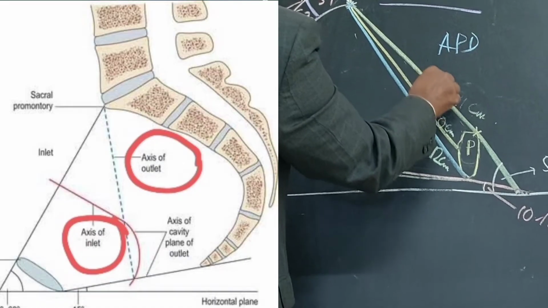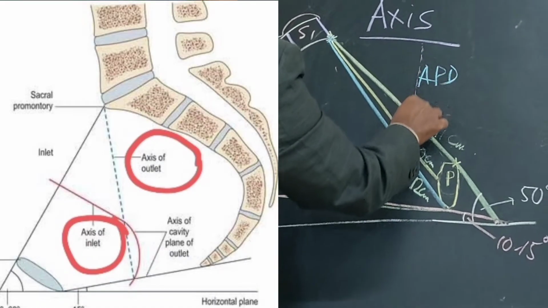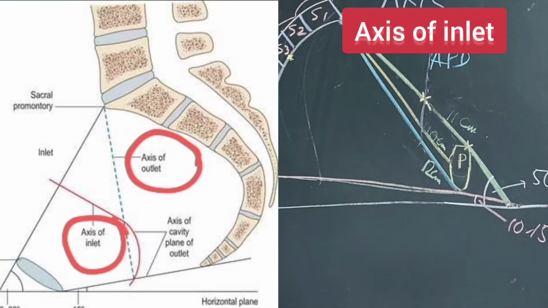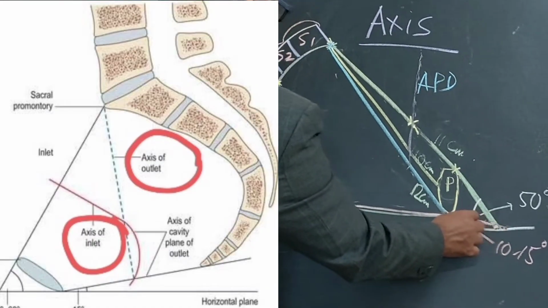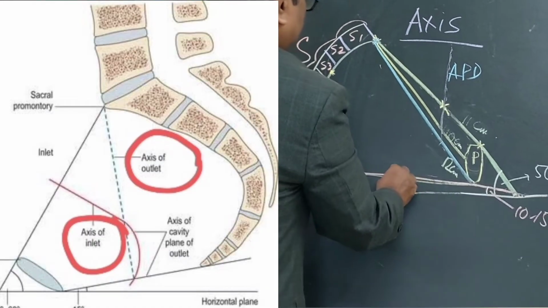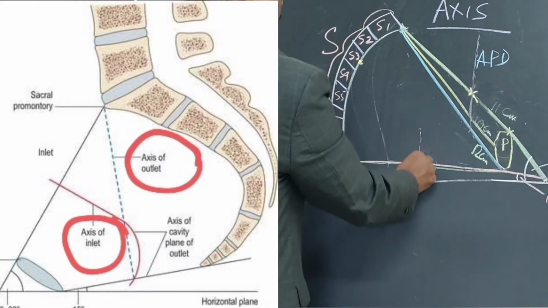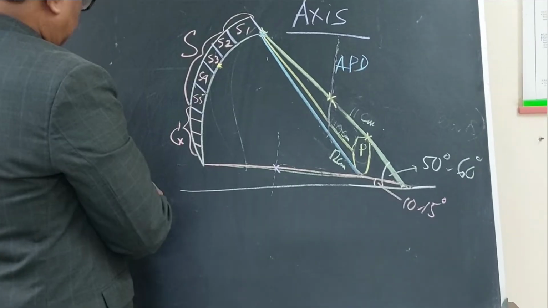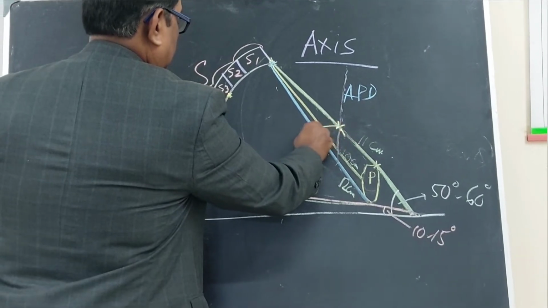Suppose this is the midpoint and you draw a perpendicular line here. And if this is pelvic outlet, this is the plane of pelvic outlet, take a midpoint here. And again here you draw a perpendicular line. Now you join these points.